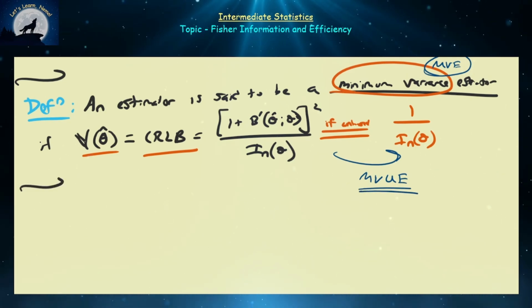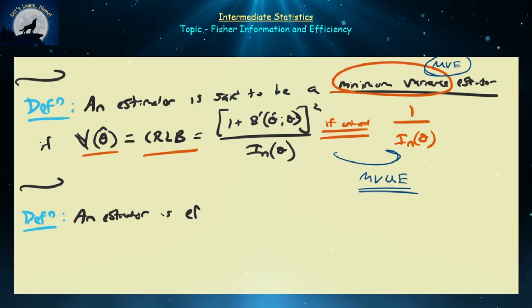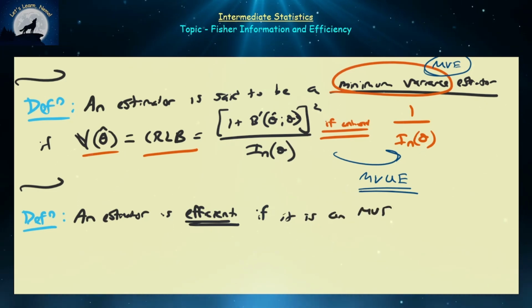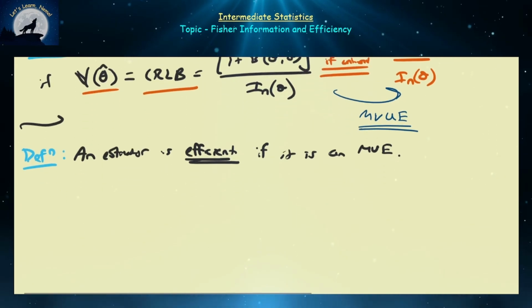Then we also introduce one more piece of terminology. An estimator is said to be efficient if it is a minimum variance estimator for that parameter it seeks to estimate.